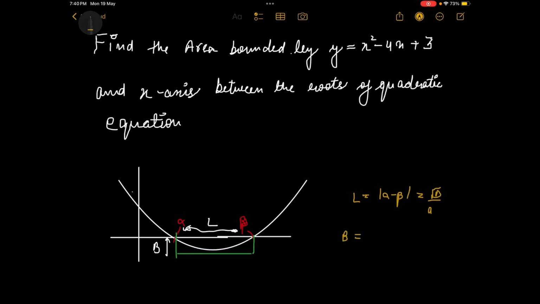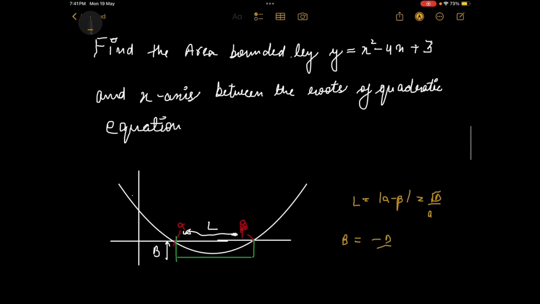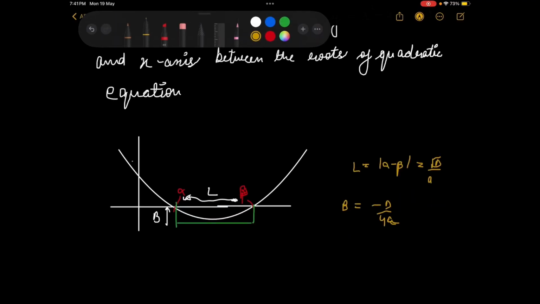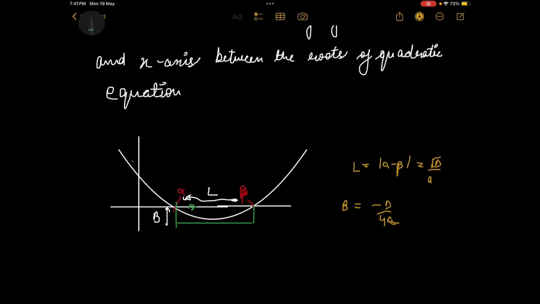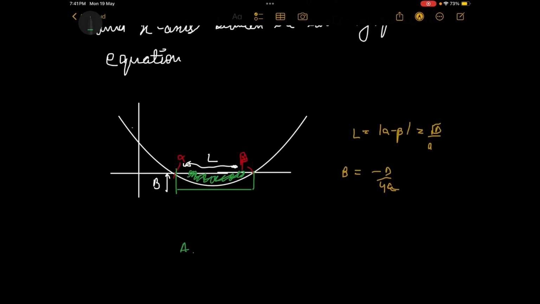And capital B is nothing but the distance of the vertex, or the minimum value of the graph, which is minus D over 4a. Now, the required area is nothing but the green area, and I can write area of green is nothing but 2 over 3 times the area of the rectangle.